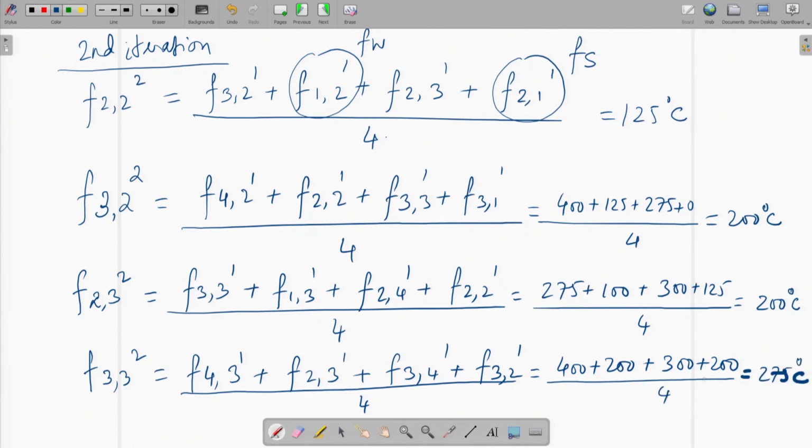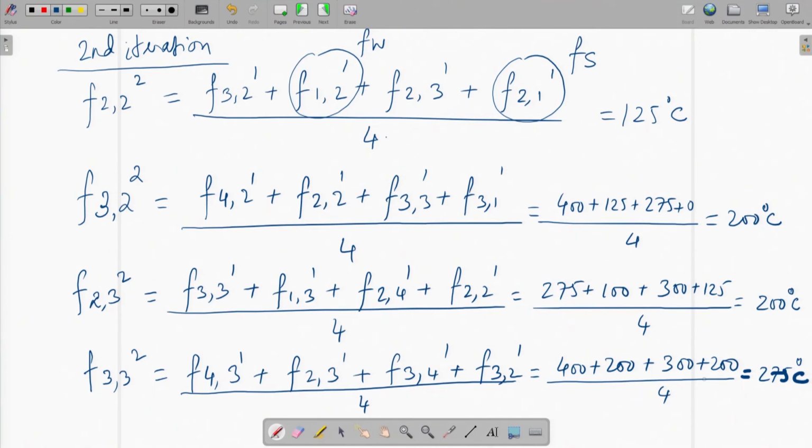So, incidentally, what we notice is that the second iteration level calculations give us the same values as what we had produced in the first iteration. That means the values were already converged by the time we had done the first iteration.